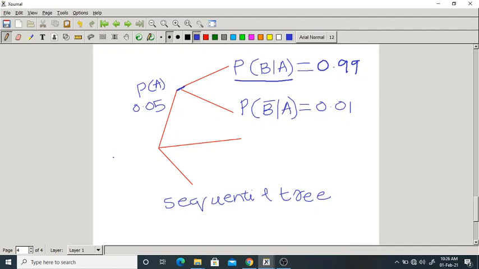Now the second case, probability of A complement, which is 0.95. Here there is no aircraft; there, there is an aircraft.